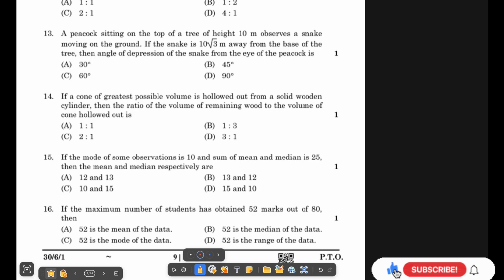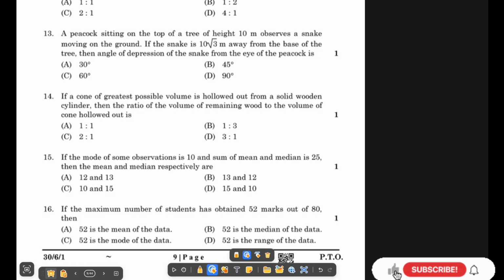So next, the 14th question. If a cone of greatest possible volume is hollowed out from a solid wooden cylinder, then what is the ratio of the volume of the remaining wood to the volume of the cone hollowed out?